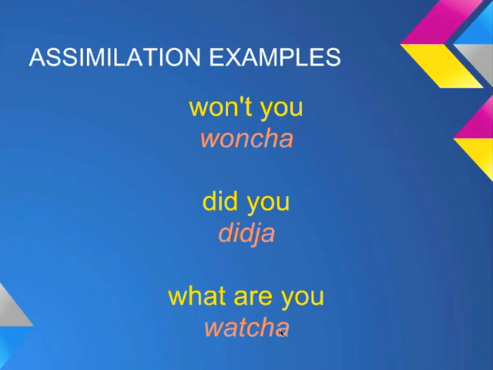So again, notice in all three examples, a new sound will emerge to basically help facilitate this particular connection. And part of it is because the y sound is a little bit difficult to say when preceded by a sound such as d or t. So in this case, we use the ch or j sound to help facilitate that connection.